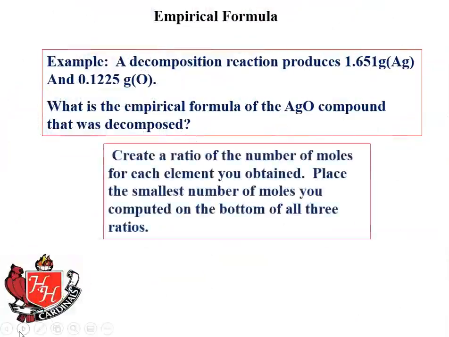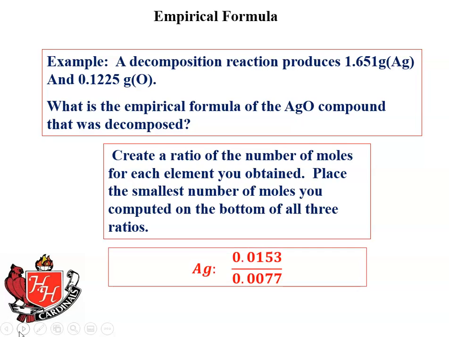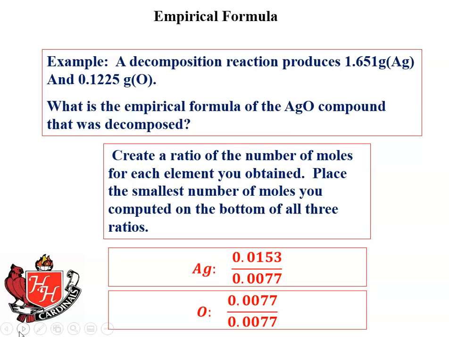And let's proceed. You create a ratio of the numbers of moles for each element you obtain. Place the smallest number of moles you computed on the bottom. Again, it's not 3 ratios here, it's just 2. Remember, the smallest number of moles is always going to be that number over itself.